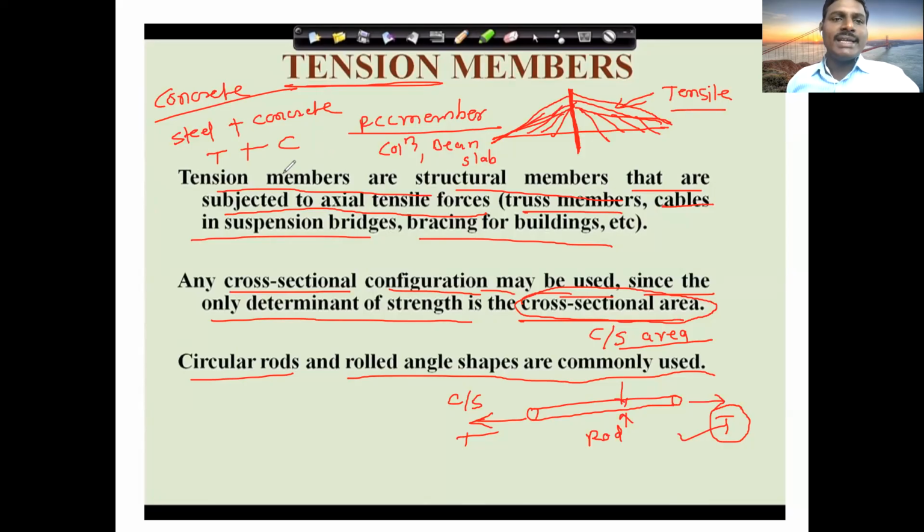So the concrete is good in compression and steel is good in tension. With the combination of steel and concrete, we are constructing RCC, meaning reinforced cement concrete. Reinforced means steel is reinforced, cement concrete is the concrete part. So steel and concrete we are using for making the RCC member.